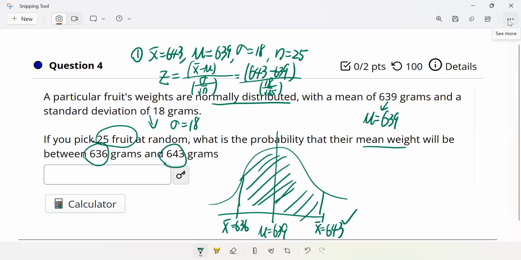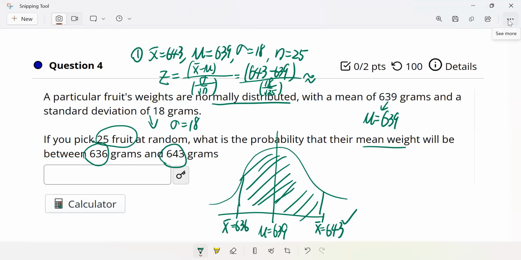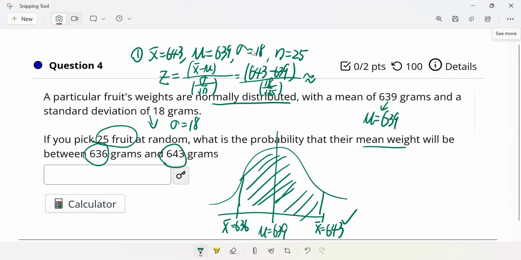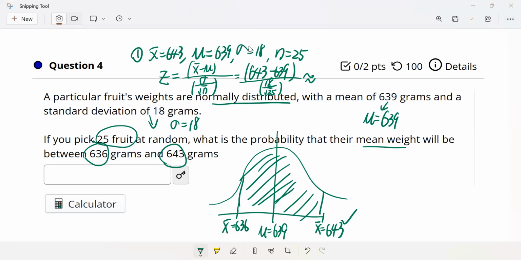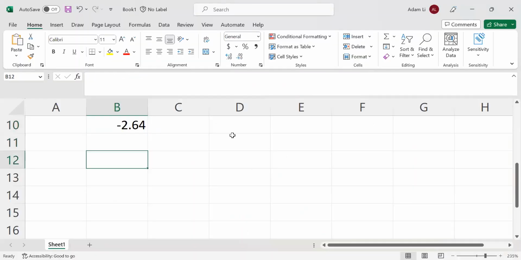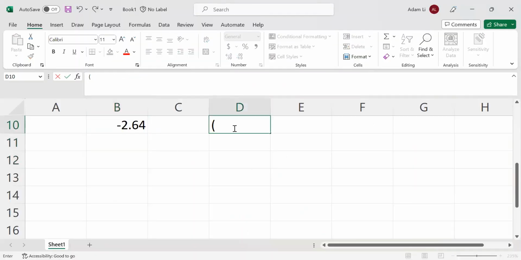And now that's the first one. Let's find the z-score here. It will be 643 minus 639 over open parentheses 18 over square root of 25.